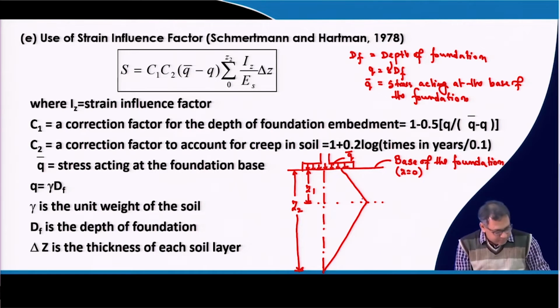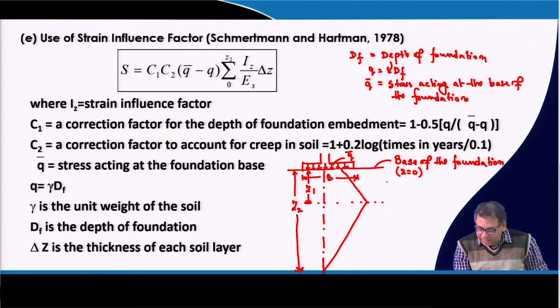Now, this is the influence line, the Iz line, and how I will get the Iz value. This is the width of the foundation, and z equal to 0 is at the base of the foundation, not at the ground surface. Here I am giving the values of z1 and z2.